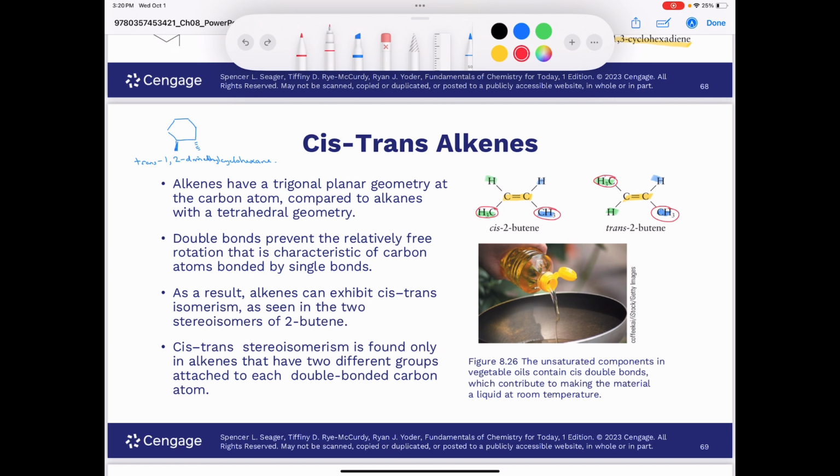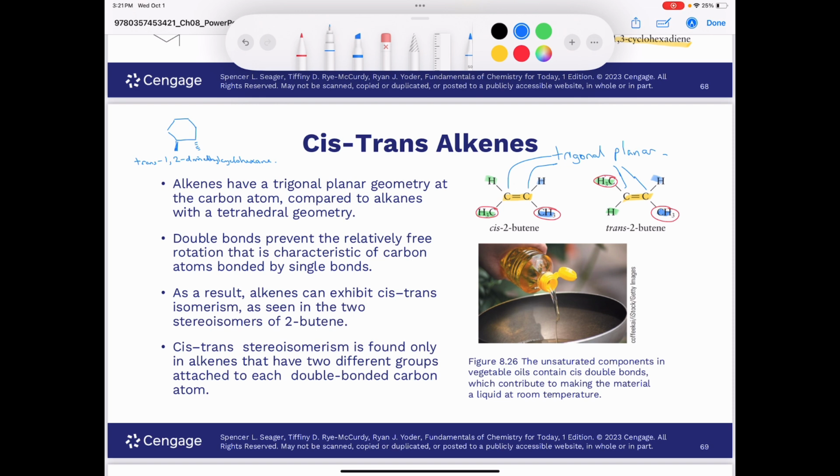So again, like I said, alkenes have a trigonal planar geometry. The molecular geometry of all these carbons is trigonal planar, so they're all flat, compared to tetrahedral carbons that you find in an alkane.